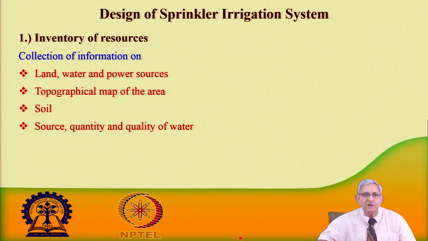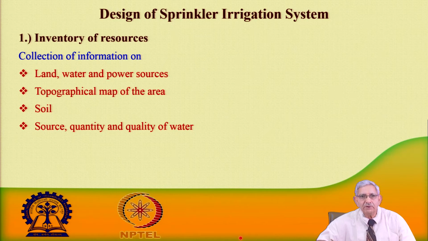Now, the different steps involved in the design of a sprinkler irrigation system. Number one is the inventory of resources.